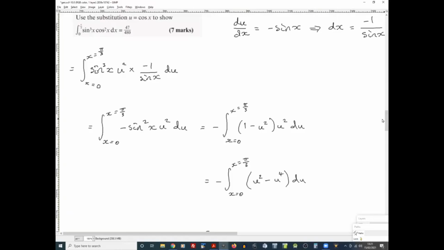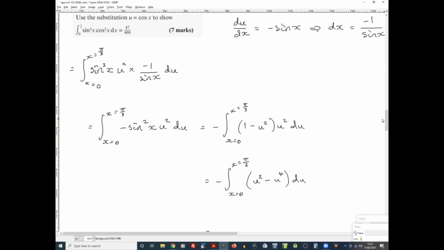So x equals pi over 3. If x equals pi over 3, then u equals cos 60, yes, equals, what time on the clock?